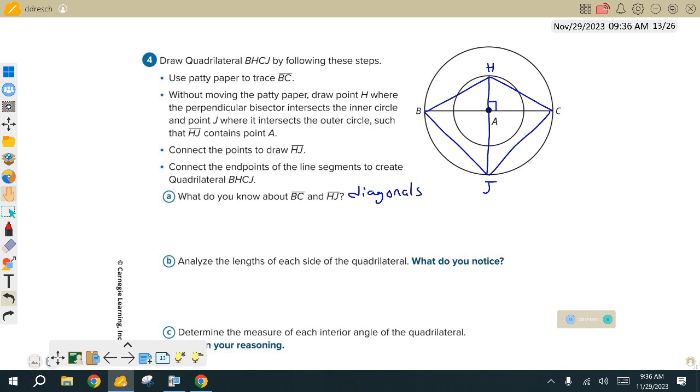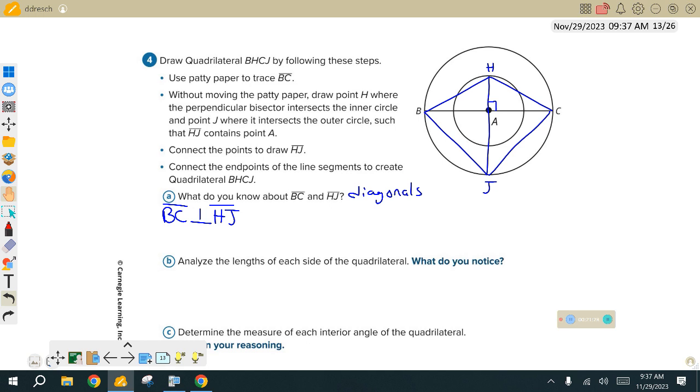The diagonals are doing what to one another? Crossing, intersecting such that they are perpendicular, right? We can clearly see that the way we've created this, they are perpendicular to one another. So BC is perpendicular to HJ.